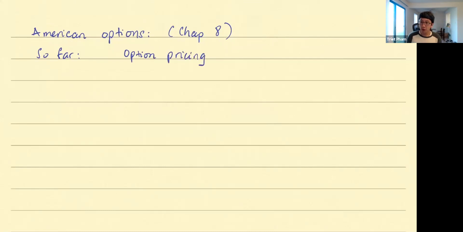there are several aspects to this business. The first aspect is modeling. What kind of model do we use for the underlying? So this is the model for the underlying.